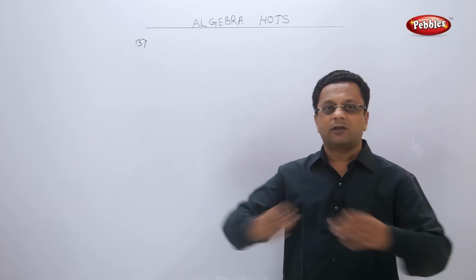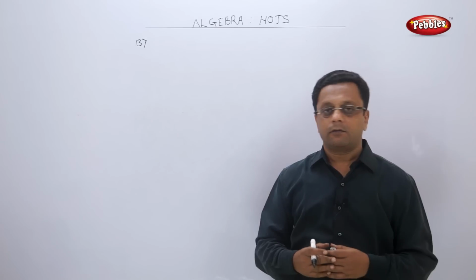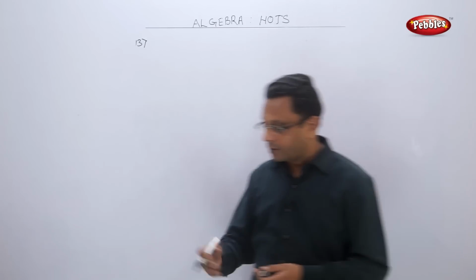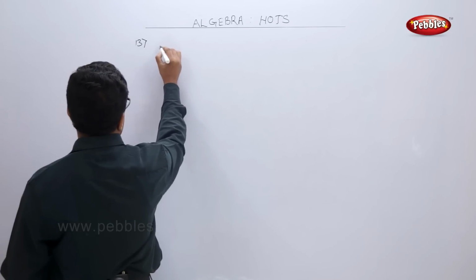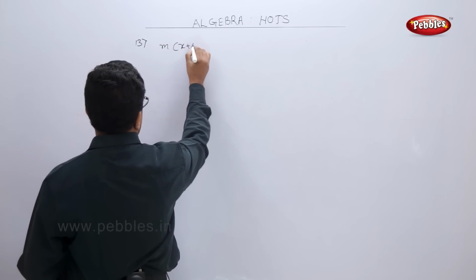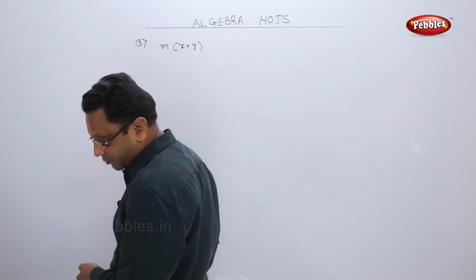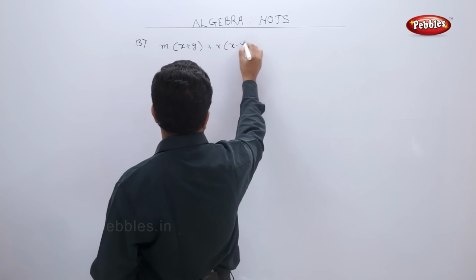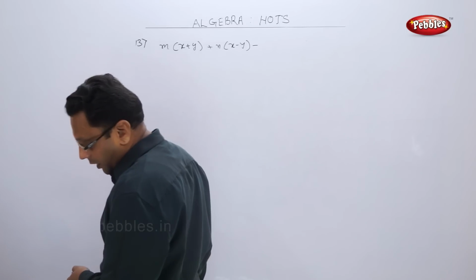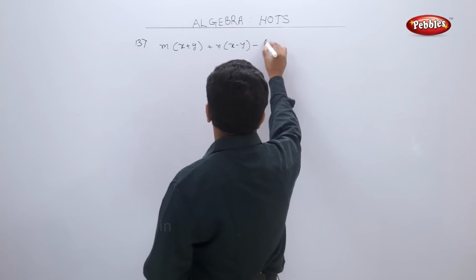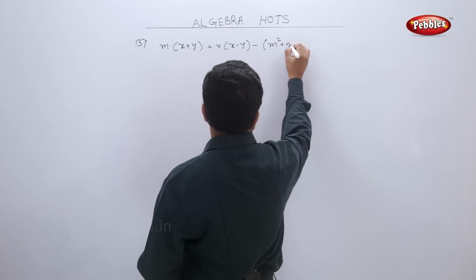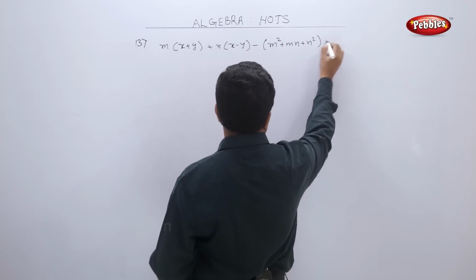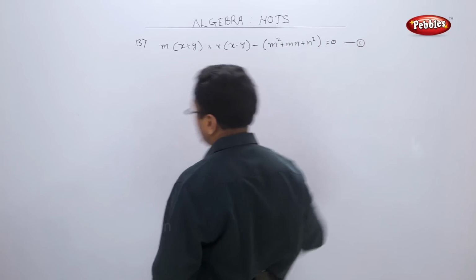Okay, they give some long equations and ask you to solve those. Now here it is given: m(x + y) + n(x - y) - m² + mn + n² = 0, that is m² + mn + n² equal to 0 is the first equation they are given.